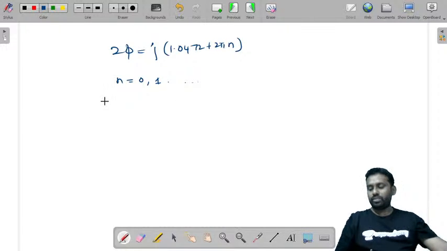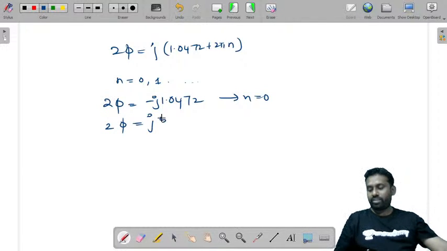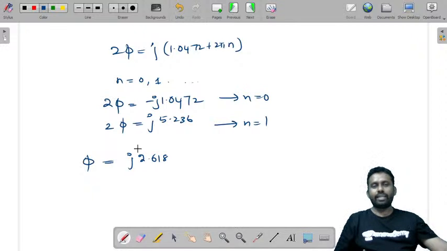Likewise, you will get 2 phi is equal to j 1.0472 for n is equal to 0, and 2 phi is equal to j 5.236 for n is equal to 1, and so therefore phi is equal to j 2.618 from this, which gives you what is phi.